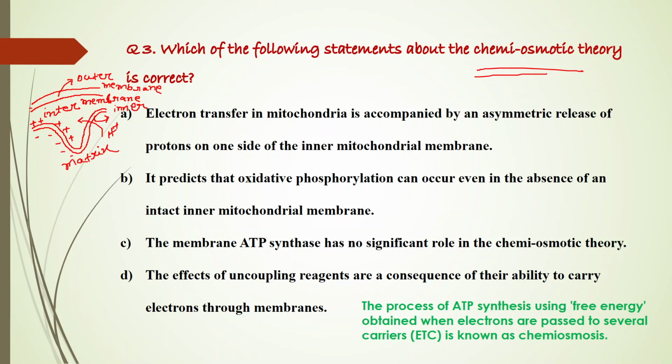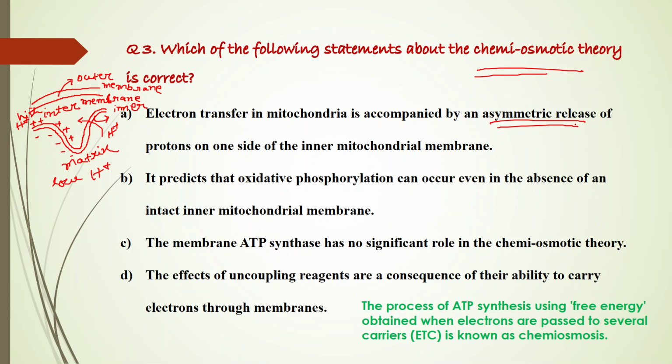In the matrix we have low concentration of H plus, and in the intermembrane segment we have high concentration of H plus. Still, for ATP synthesis you require transportation of H plus from the matrix side to the intermembrane space. That's why in the first statement it is written as asymmetric release.